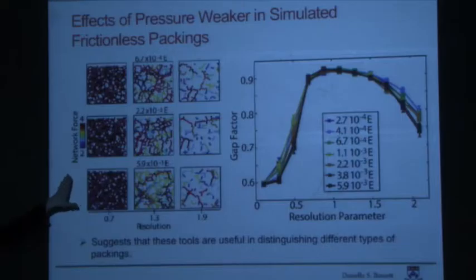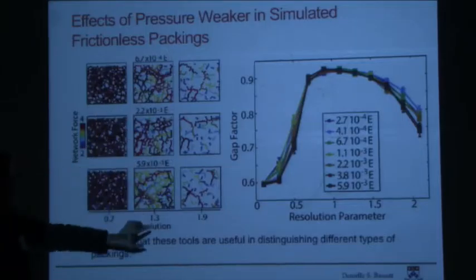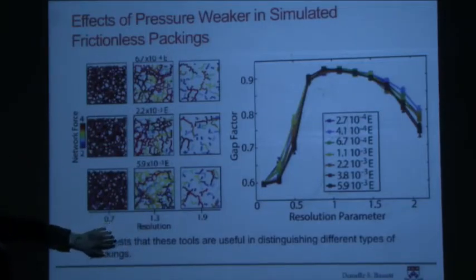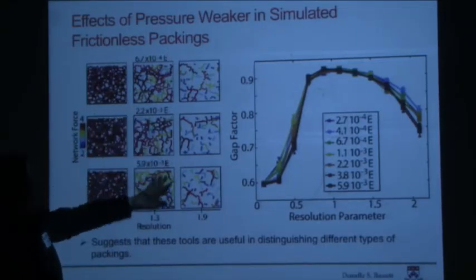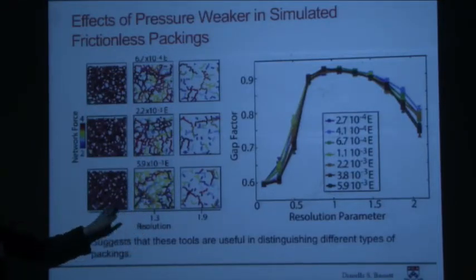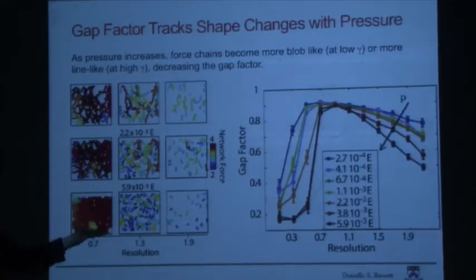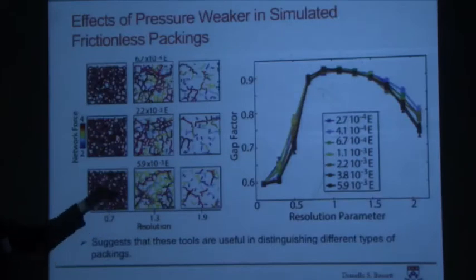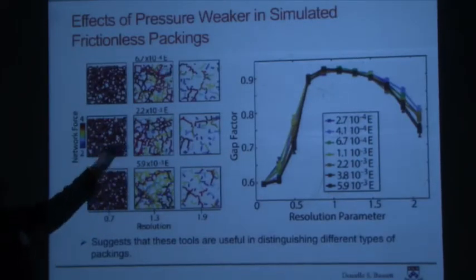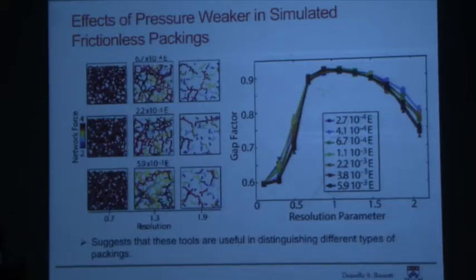These are frictionless packings from Lisa Manning's group, and here are the pictures of the force chains that we can extract using the community detection. You can see just by eye a lot more similarity across different pressures than you see over here in the real packings, right? Here you can see a drastic change as we go to high pressure. Here, the pressures are exactly the same, but we don't see by eye, at least, a huge difference in the packing structure.